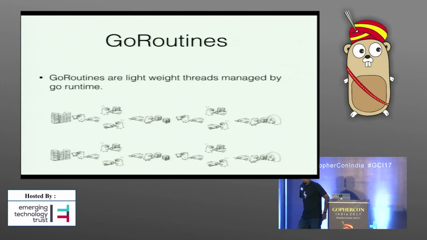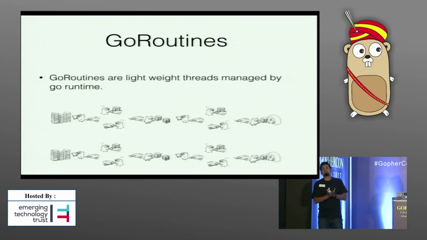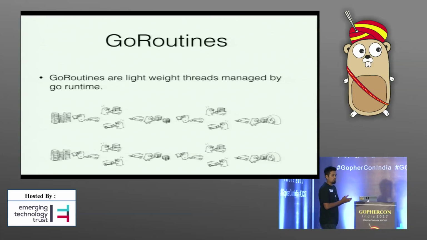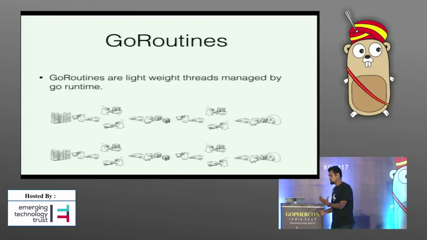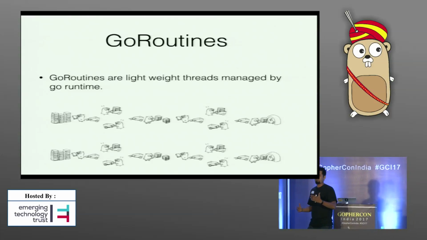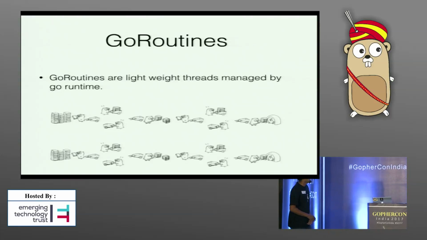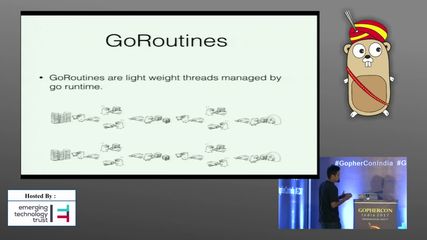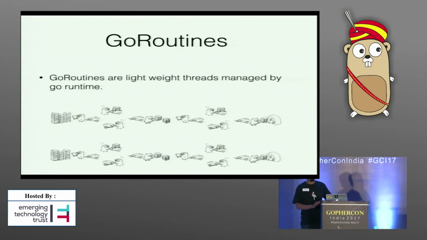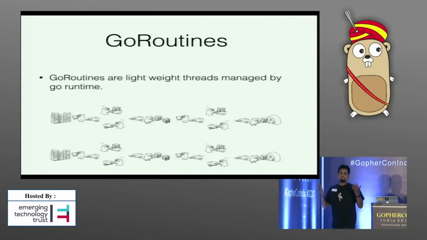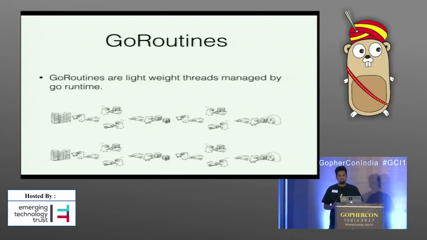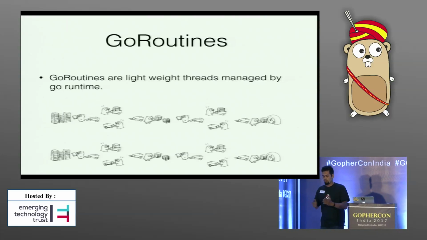Okay, that sounds good. We know now that concurrent programming is important. It's necessary in today's software development. And now, we also know that Go makes concurrent programming really easy. Go achieves that by giving you this primitive called Go routines. What are Go routines? Go routines are analogous to lightweight threads. Now, we know about threads, right?